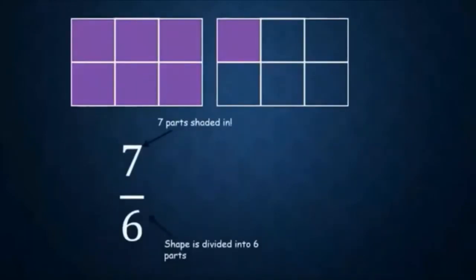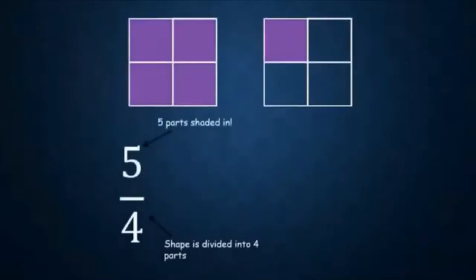So what is 7 by 6? That means 7 parts of this shape are shaded and the shape is divided into 6 parts. So we have to take 2 shapes, as in one shape it is fully shaded, and in the second shape only one part is shaded. We'll take 5 by 4 also.